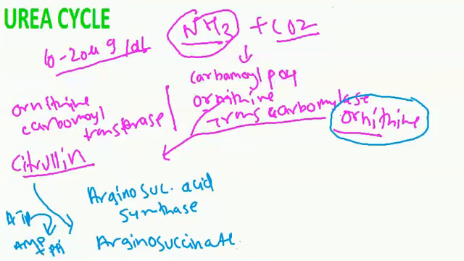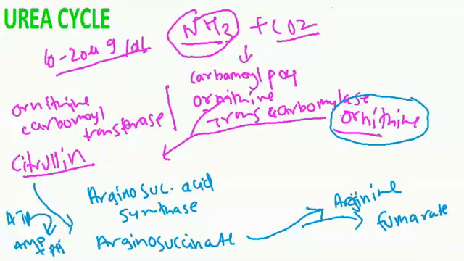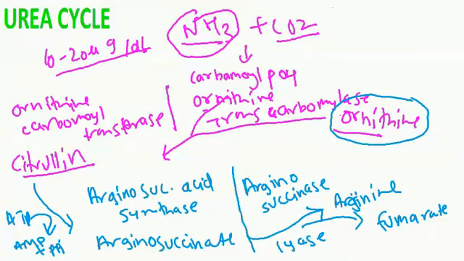And now this arginosuccinate proceeds as arginine and fumarate, and the enzyme here is arginosuccinase, as arginine is produced. Arginosuccinase or arginosuccinate lyase. We get products as arginine and fumarate.